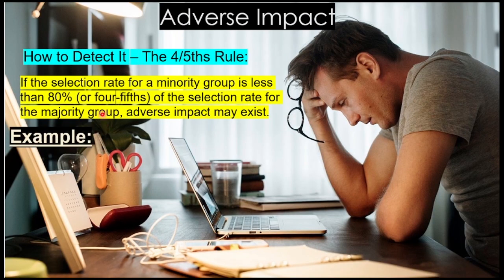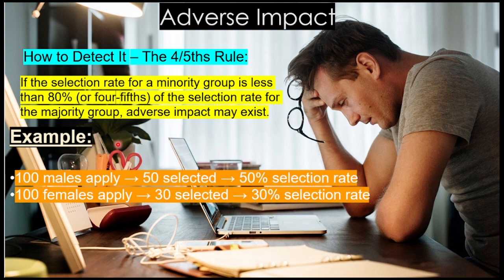For example, how to detect it: the four-fifths rule. If the selection rate for a minority group is less than 80%, or four-fifths, of the selection rate for the majority group, adverse impact may exist. Let's see an example.